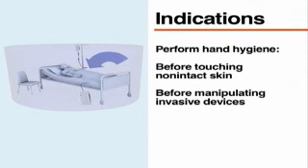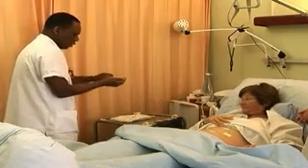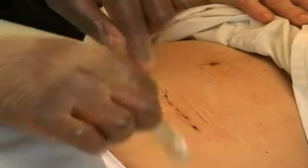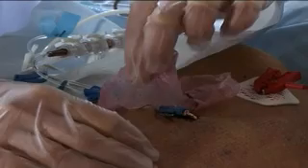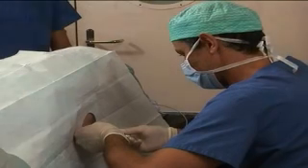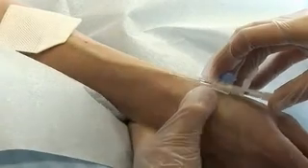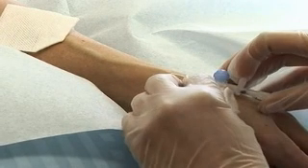For these reasons, perform hand hygiene immediately before touching non-intact skin and before manipulating invasive devices. This will prevent colonization, which may subsequently lead to infection. Examples of critical procedures include wound care, tracheal suctioning, removing the dressing of a central venous line, giving an injection, and lumbar puncture.